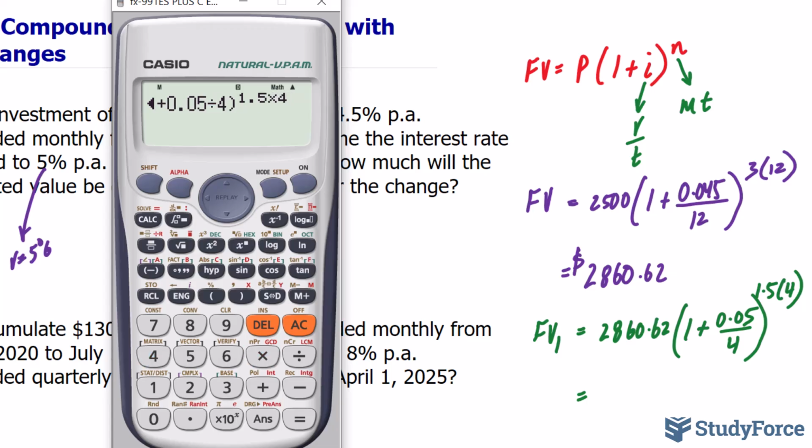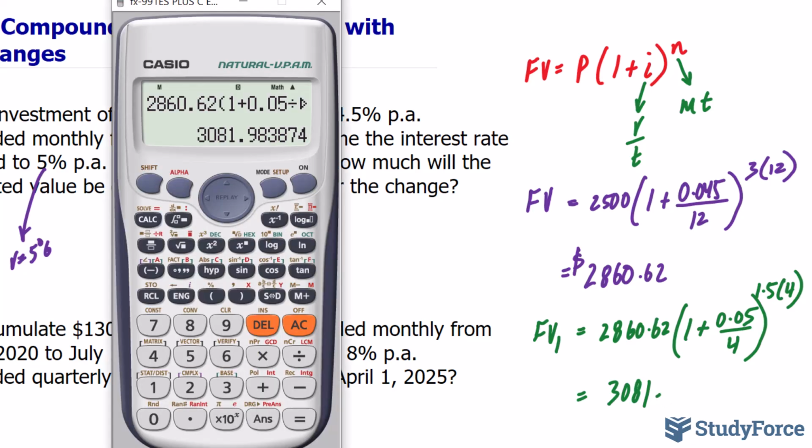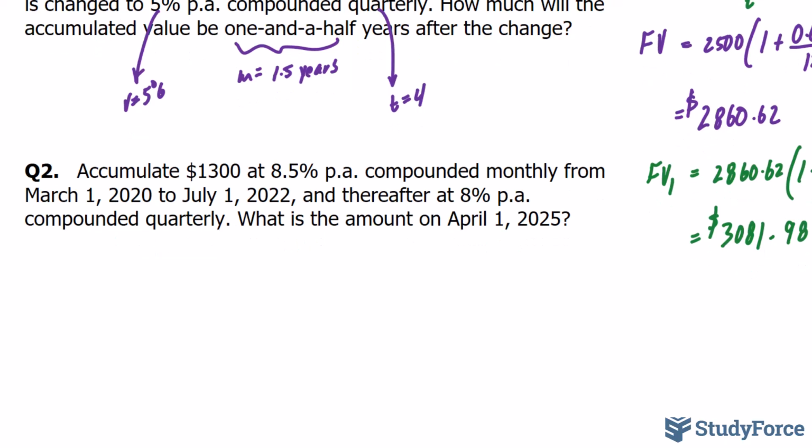Now, if you're not using this particular brand of calculator, you may want to put the exponents in parentheses. And we end up getting a future value after 4.5 years of $3,081.98. Let's try another question.